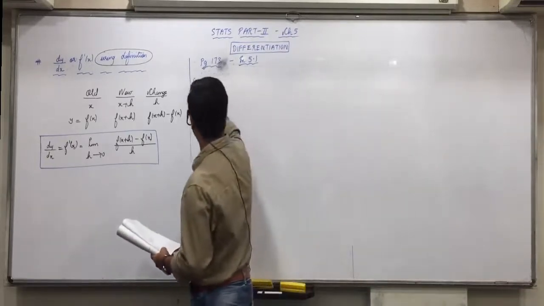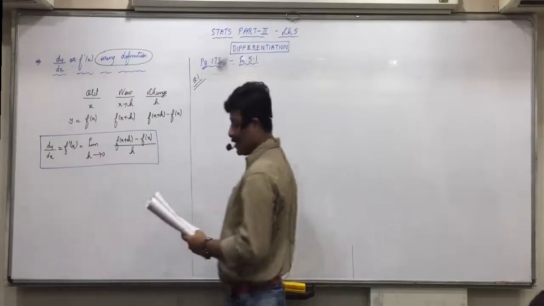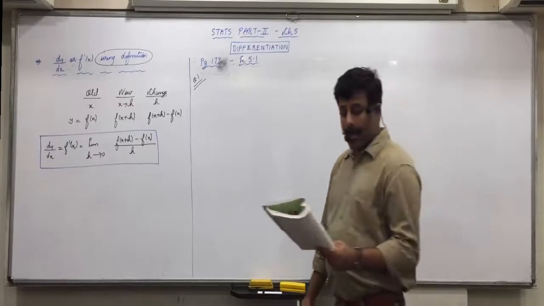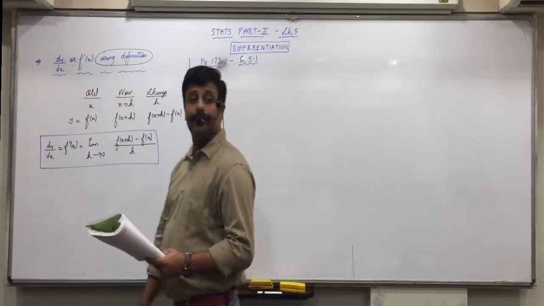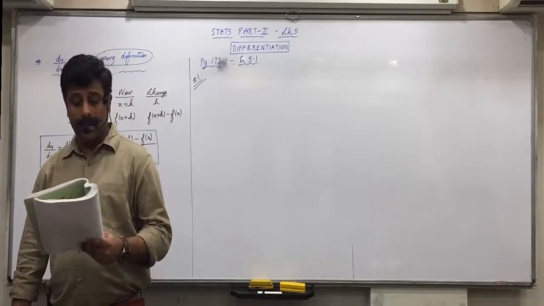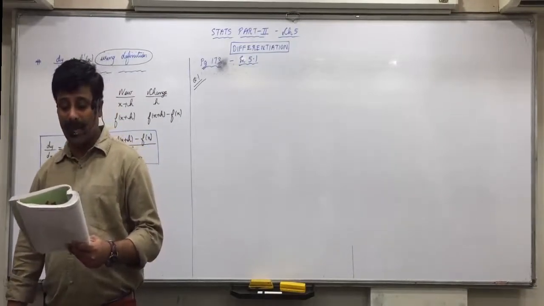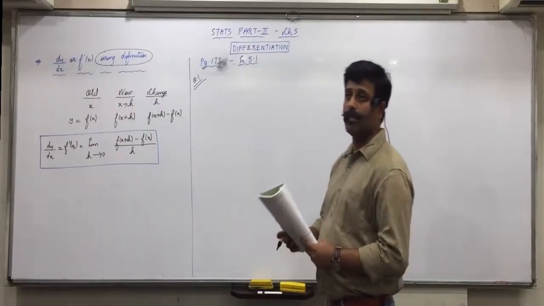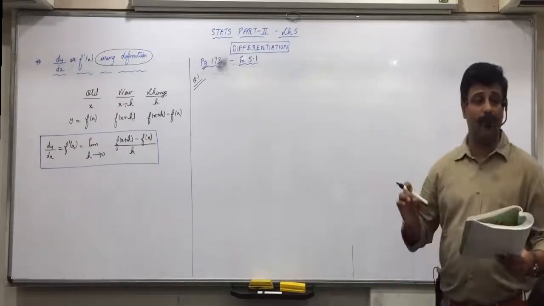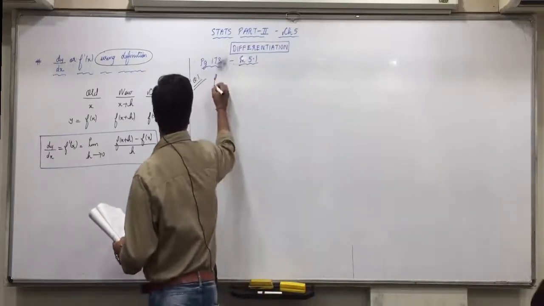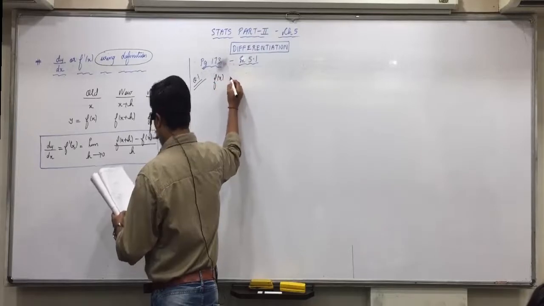So look at question 1 on page 173, exercise 5.1. Obtain the derivatives of the following functions with the help of definition. It is clearly given, with the help of definition. First one, f(x) equals 2x plus 3.